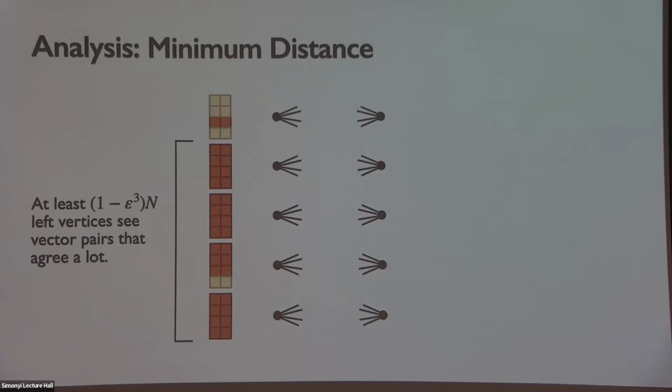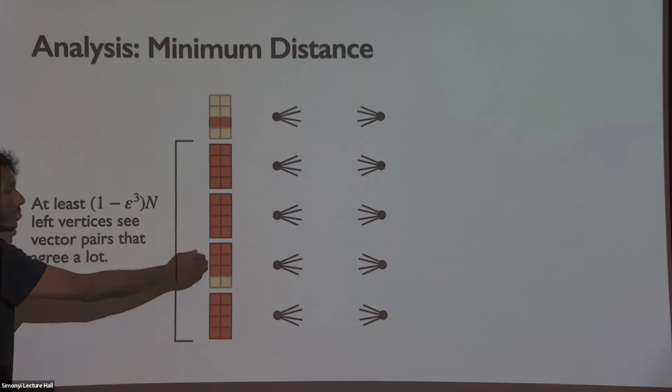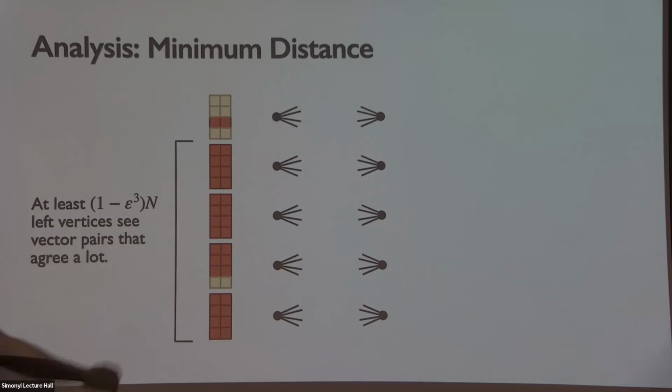If it's agreeing on more than r plus epsilon d locations, but I had chosen my inner code to not agree on that many locations, then it could be any inner code word, but it's the same inner code word for both of these. And these things are agreeing at everything, so they are the same.